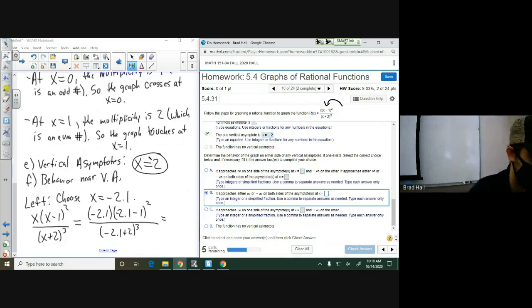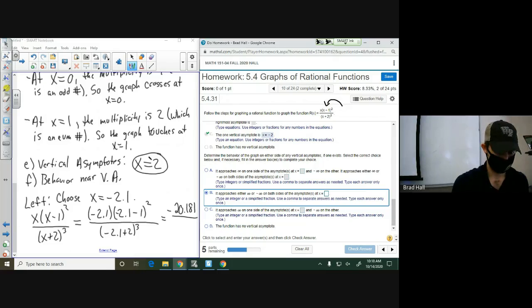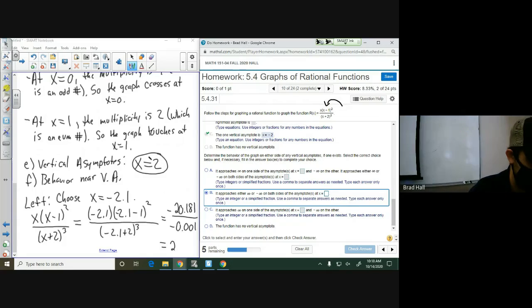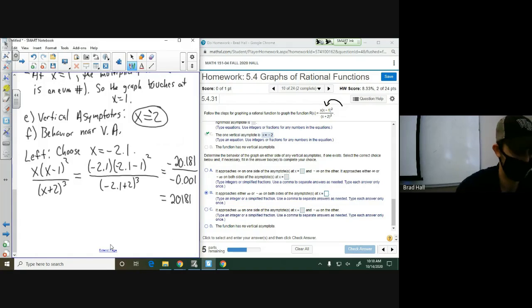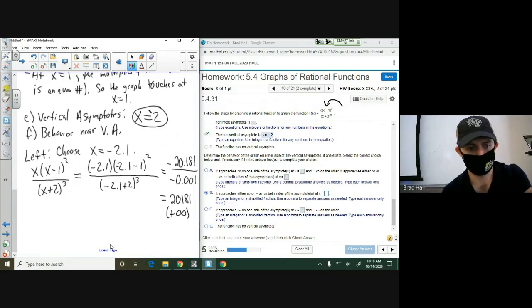In the numerator, I get -20.181. In the denominator, I get -0.001. And when we put all of this in the calculator, I get a large positive value, which means positive infinity.